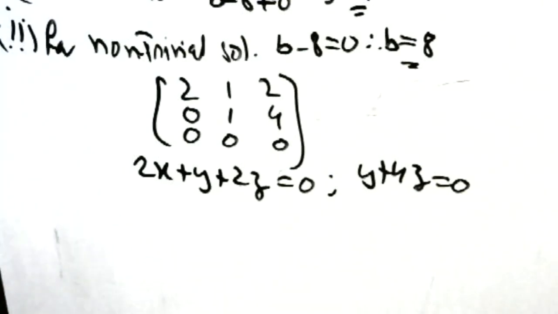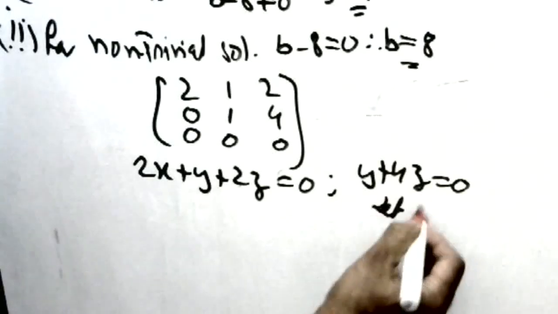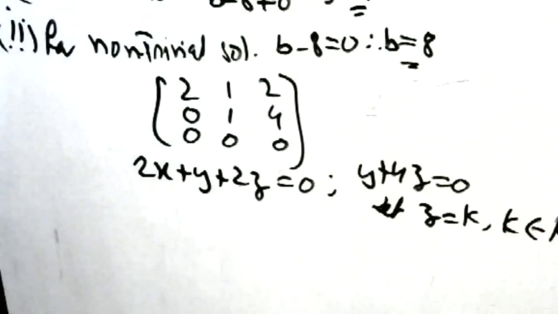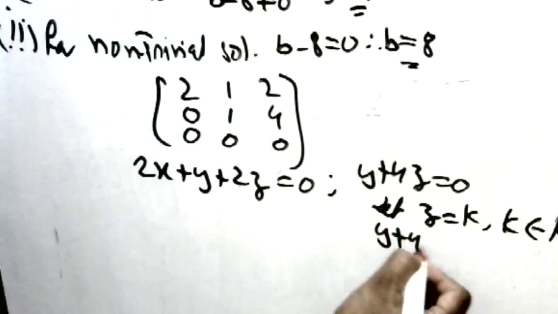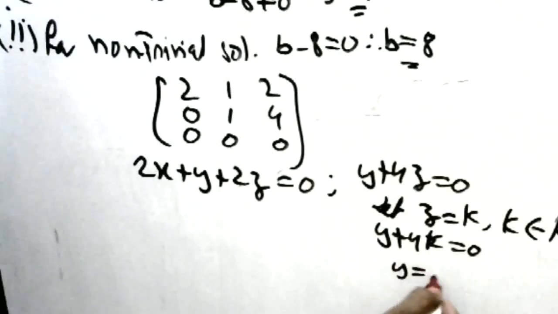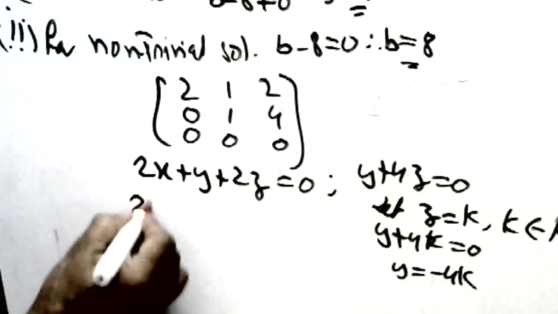Because rank is 1 less than the number of variables, we have to suppose one of the values as a parameter k. Let z equal k, k belongs to any real numbers. So you write y plus 4k equals 0. Bring this k here: y equals minus 4k.